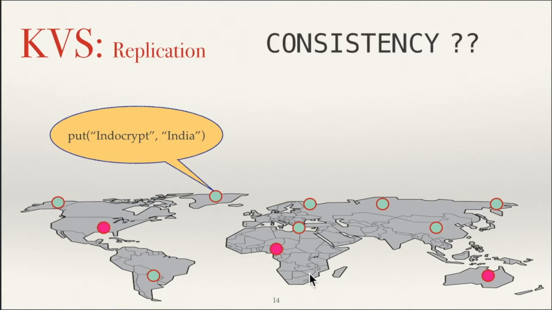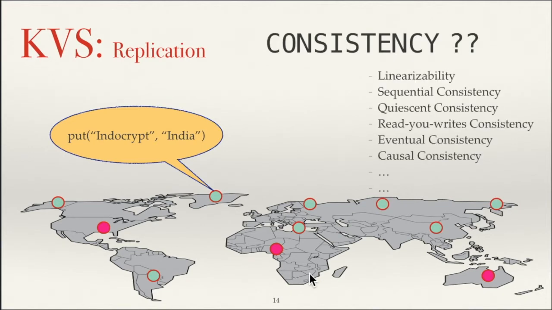And in distributed systems literature, there is a whole spectrum of consistency notions. Some are weak, some are strong, in the sense that strong ones can make a write instantaneously visible on all the replicas, whereas the weak consistency notions might take some time in getting your replicas in a consistent state.